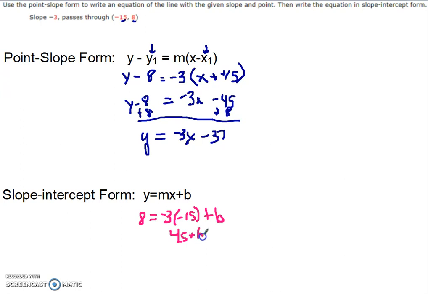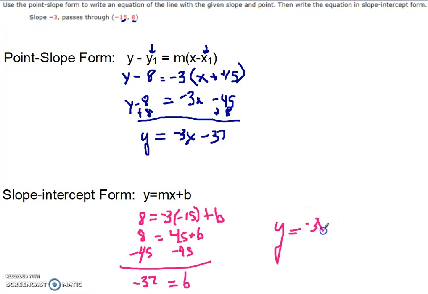Again, sorry for the sloppiness of the mouse. But then you're just going to minus 45 from both sides. That's 45. And notice the b is -37. So then when you write your equation, y equals mx plus b, you know the m's already -3 because it gave it to you.